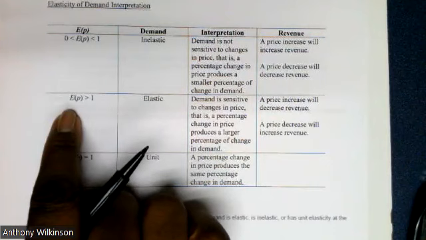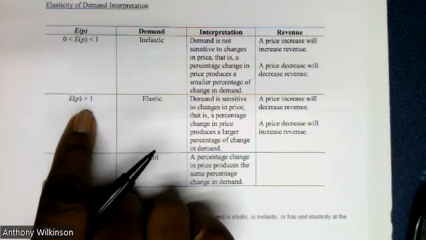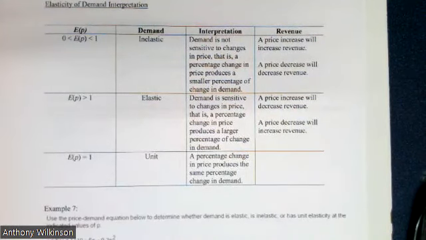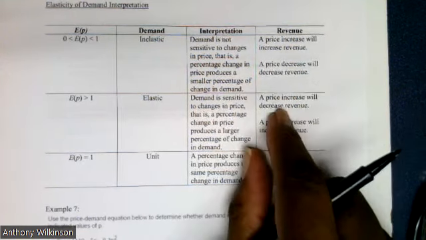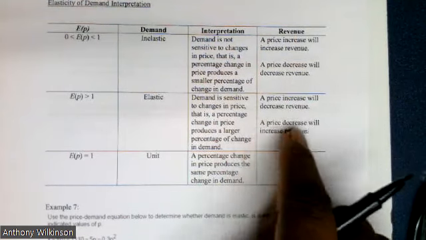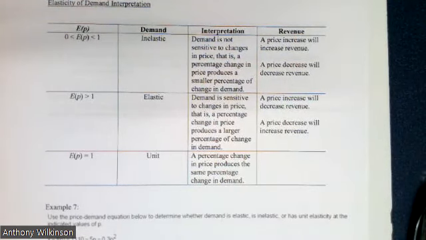Now, if your E of P elasticity is greater than 1, then your demand will be elastic. That means demand is sensitive to changes in price. That is, a percentage change in price produces a larger percentage of change in demand. So for revenue, a price increase will decrease your revenue, or a price decrease will increase revenue.